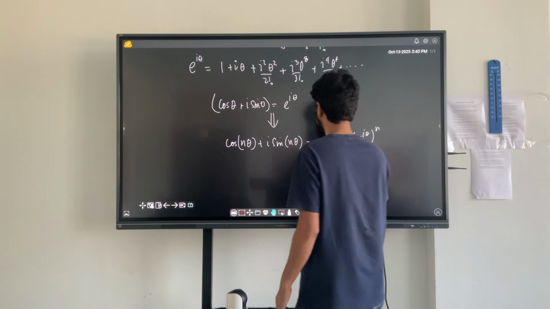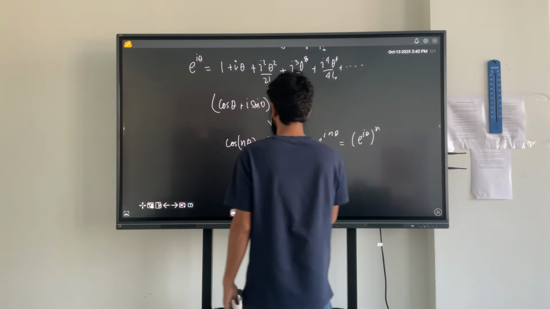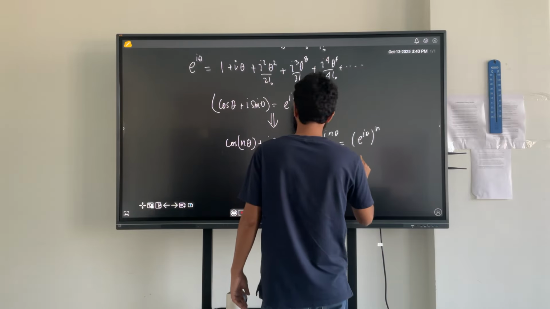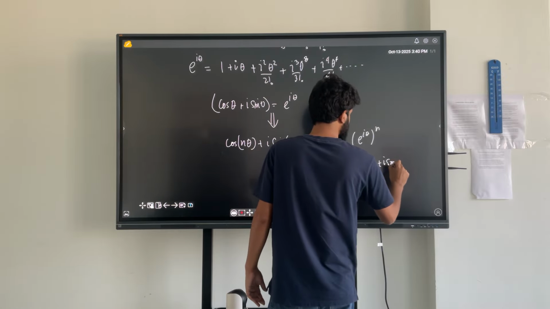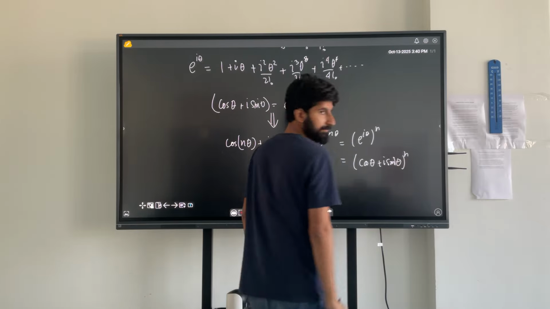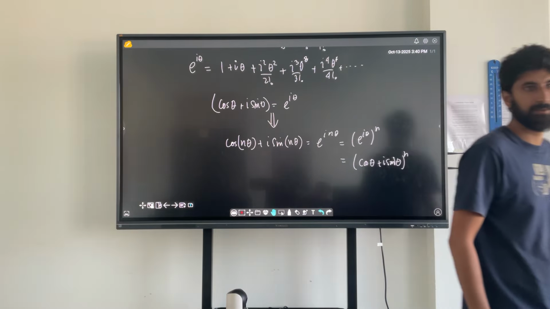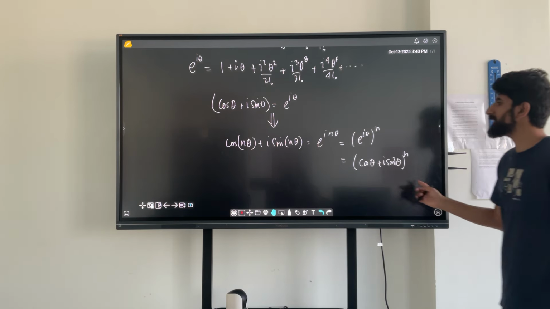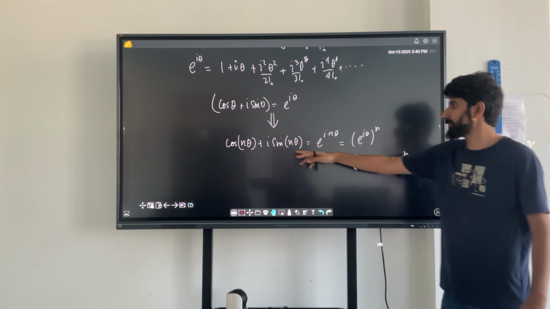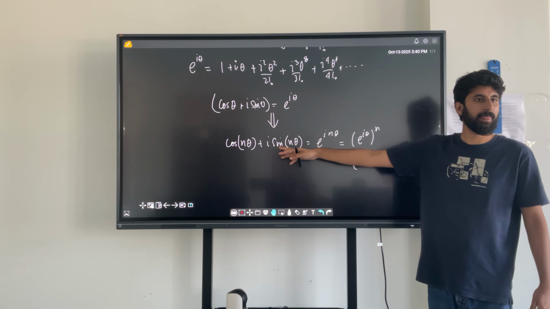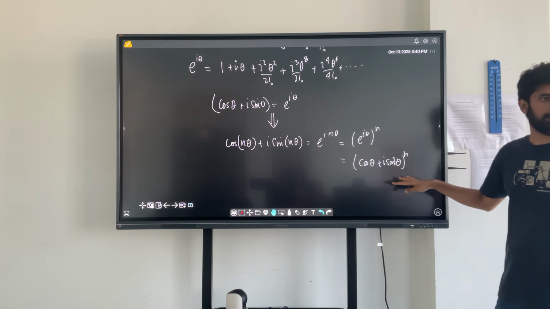So this gives you another equation for cos of n theta. You can use this relation to derive any formula if you wish. If you want to know what cos 2 theta is, you can get it from this.